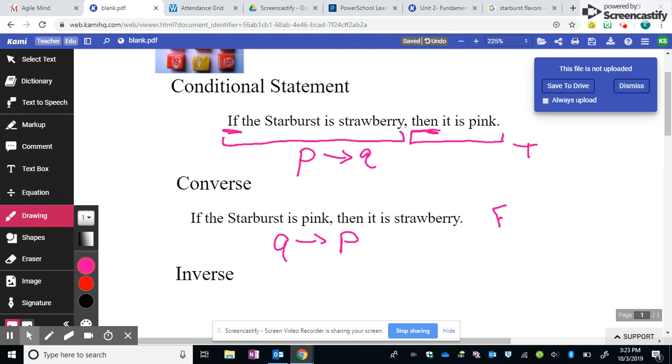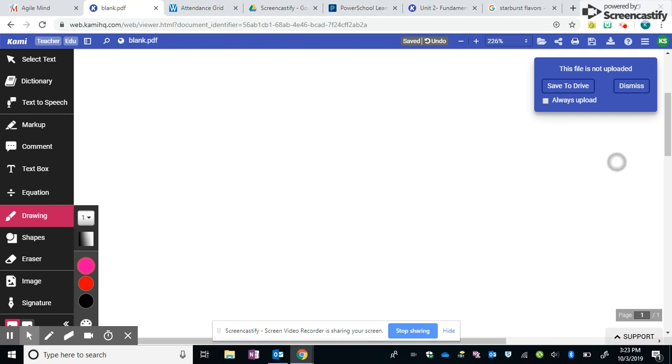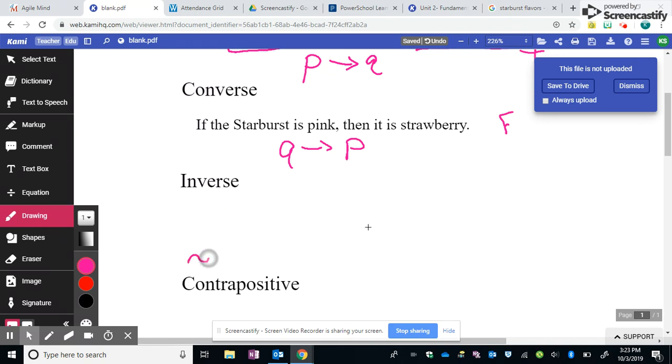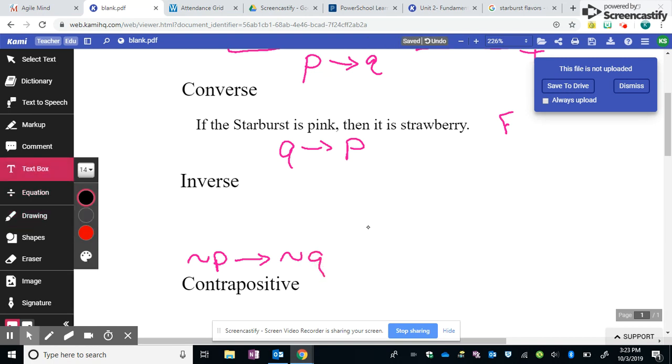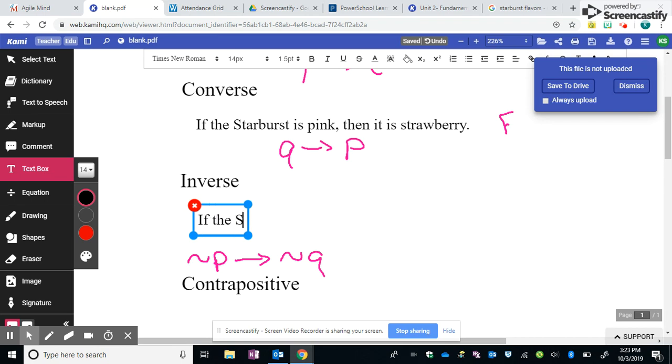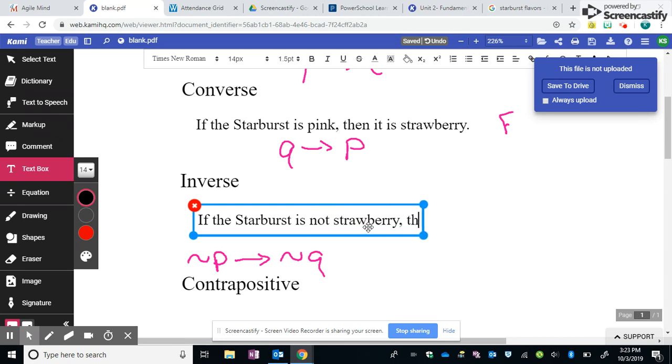So it will say not P to not Q. So it will say if the starburst is not strawberry, then it is not pink.